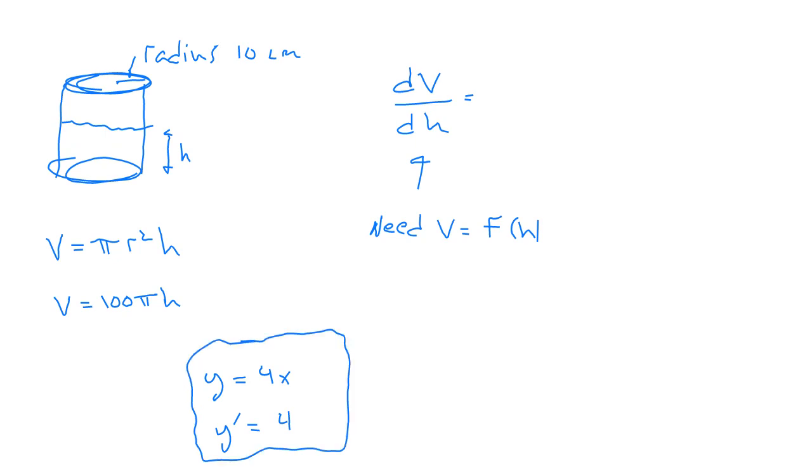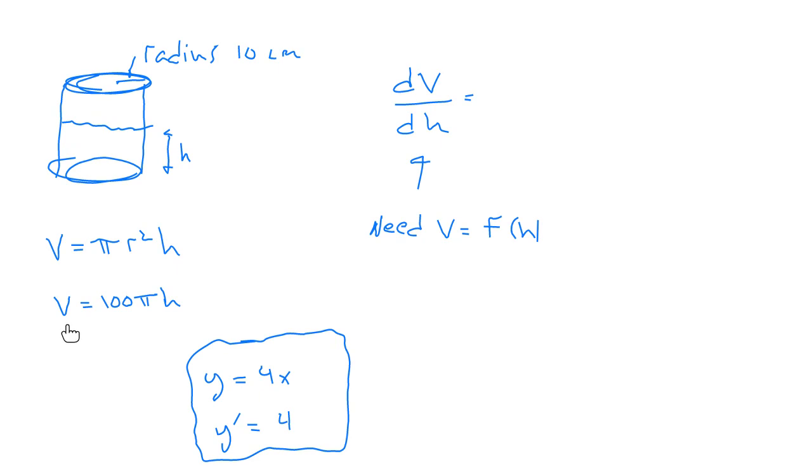Believe it or not. Maybe it doesn't look like it, but it is. Here's why. You see this thing, y is equal to 4 times x. 4 is a constant, right? And x is the variable. See this over here? V is 100 pi times h. 100 pi is that constant.